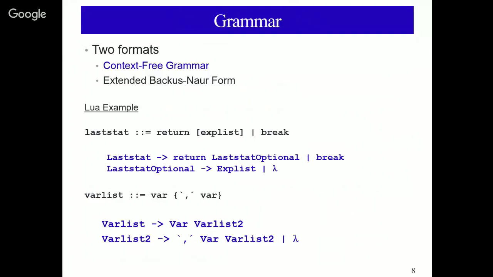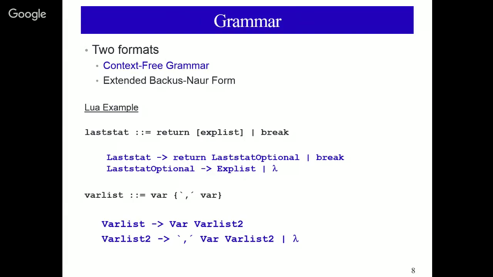You have a left-hand symbol and a little arrow. And then the right-hand side could be terminals, which are tokens, or non-terminals, which are what I call the big letters, right? Those were the big S and the big A's and B's that we were using before.